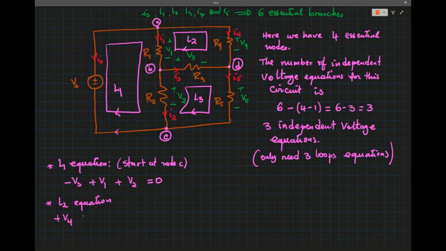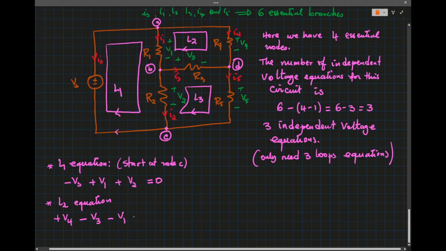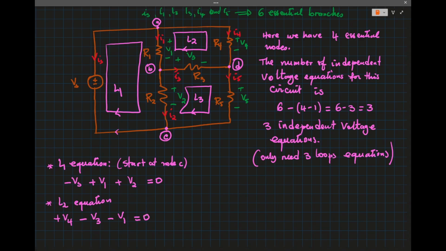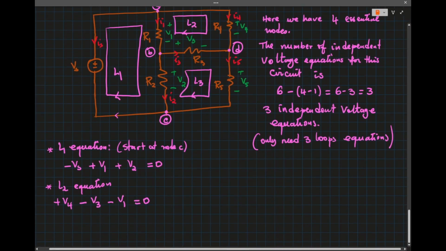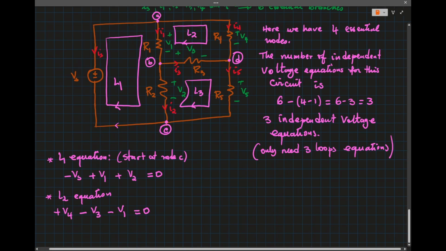It's plus, so plus V4, and then minus V3, and minus V1, that also equals 0, because we only have those 3 elements in that loop.